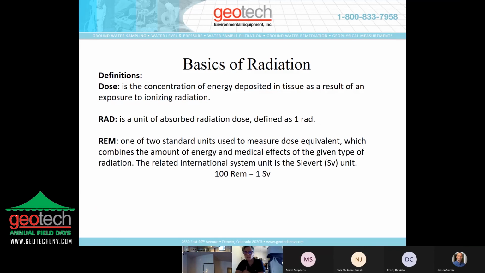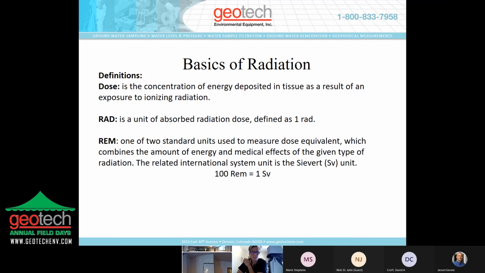Some of the things we're concerned about with radiation is what our dose is, and we're allowed a certain number of dose, which I'll get into later. But we're talking about the effects on tissue once we've been exposed to ionizing radiation. So we talk about it in terms of a radiation absorbed dose, defined as a RAD.